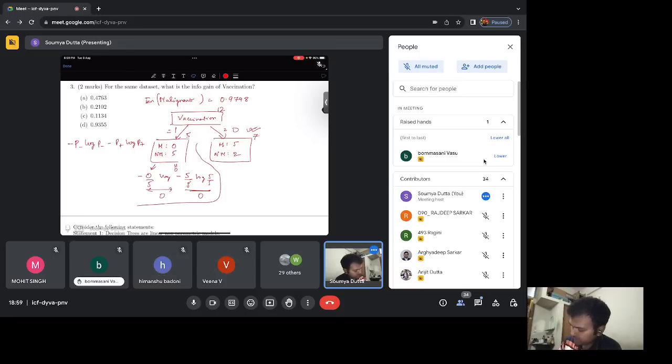Now coming to this part, here P negative is 2 by 7, P positive is 5 by 7. Therefore, the formula of this would be minus 5 by 7 log of 5 by 7 minus 2 by 7 log of 2 by 7.